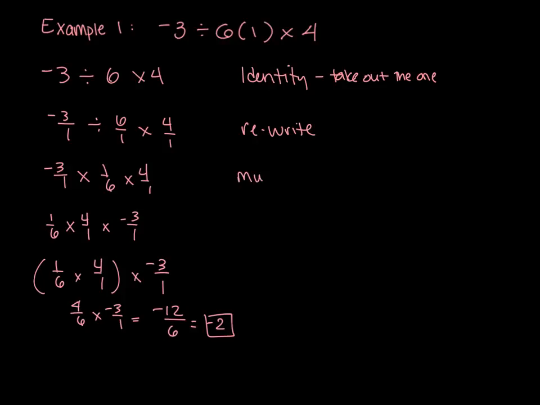Multiplicative inverse was next. Now, I want you to write this down on your paper. You're going to write down step 1, step 2. The first step is to change your division to multiplication.